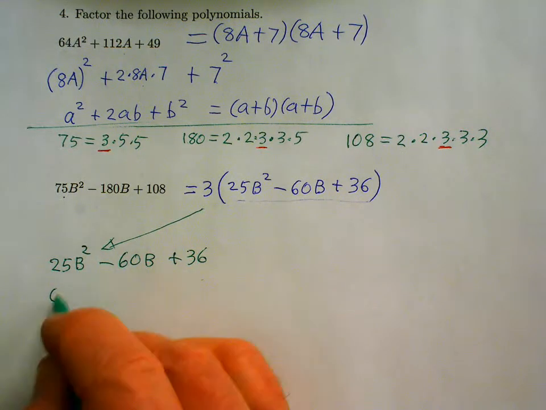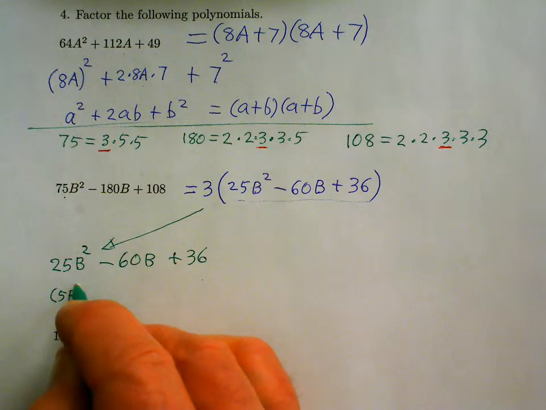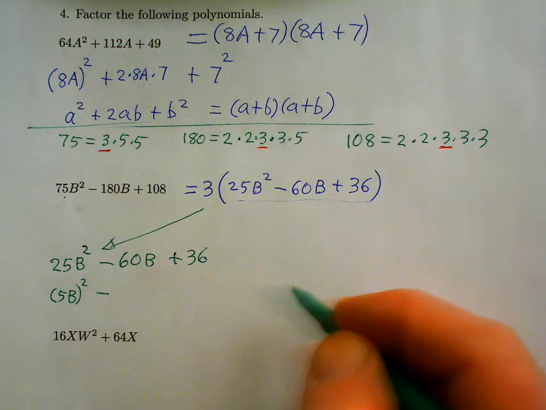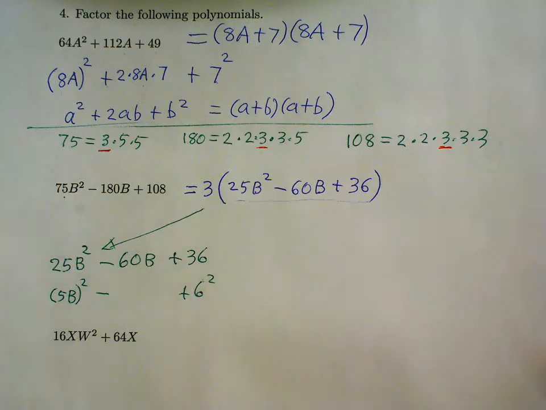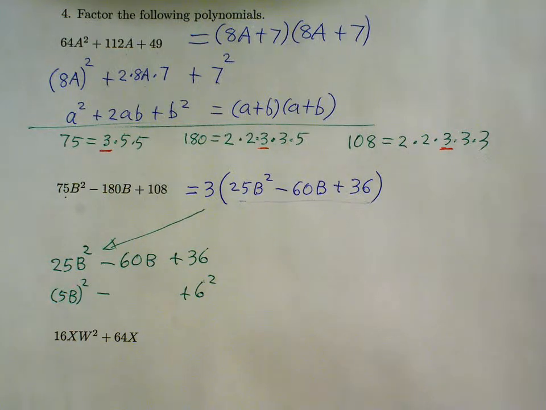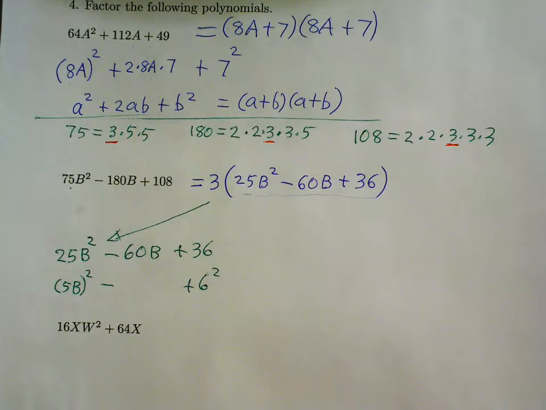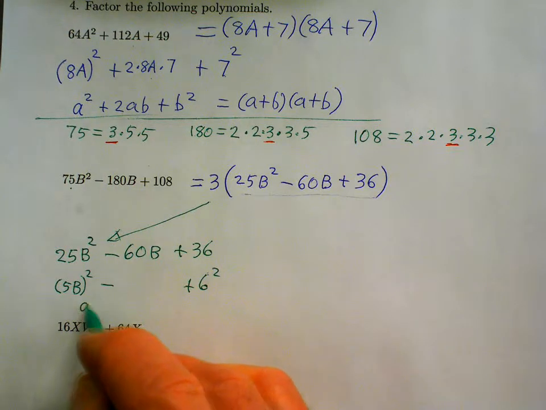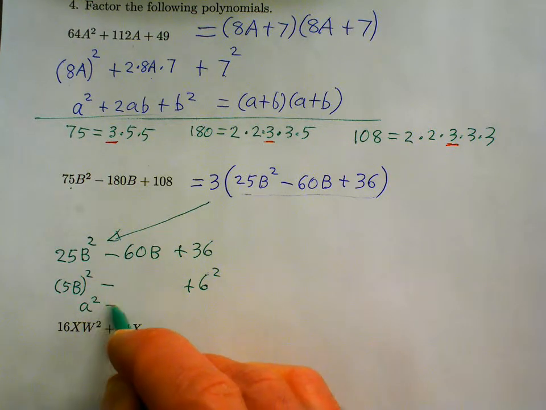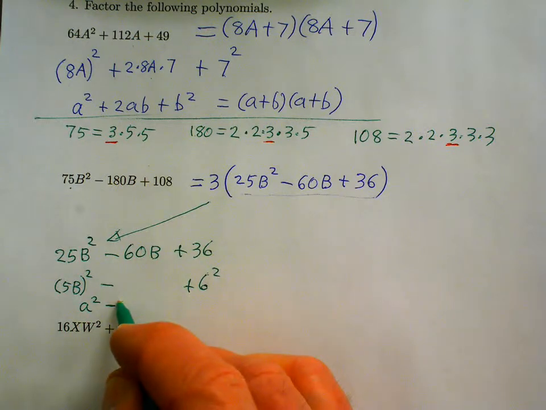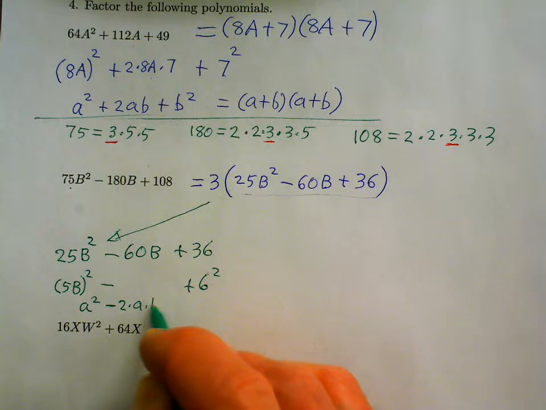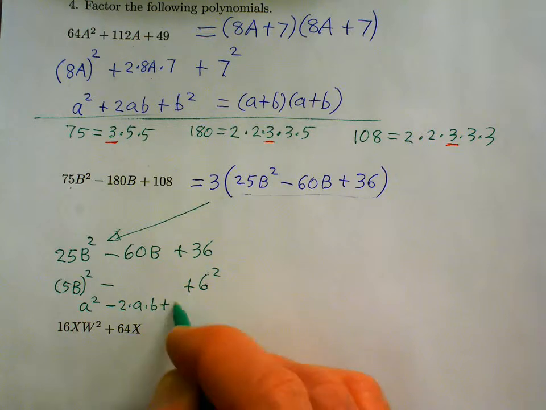25b to the second is the term 5b to the second. 36 is 6 to the second. So we want to verify whether or not our trinomial has the form a to the second minus 2 times a times b plus b to the second.